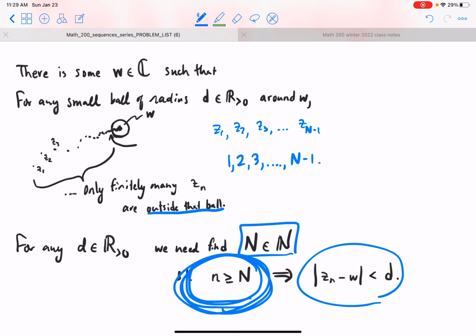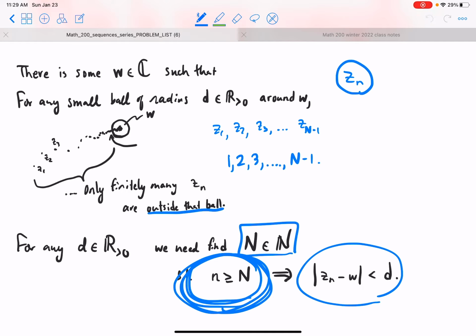So if we're notating our sequence like this, z sub n, as is often done when we don't have an explicit formula, it's nice to hide it in this symbol.